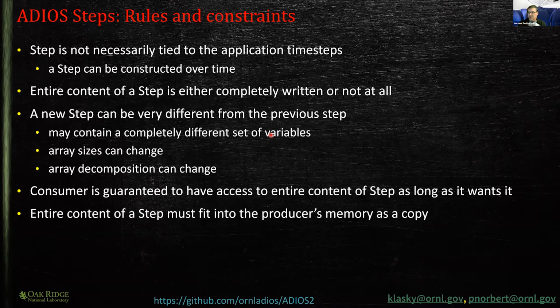And so the in situ analysis will get only the data that it can process, and the producer is not blocked. You saw Scott showing the video of the Grayscale simulation that was set up that way. Whenever VisIt joined, it just got the step that was available. And if it was too slow, the simulation just continued and steps were disappearing.